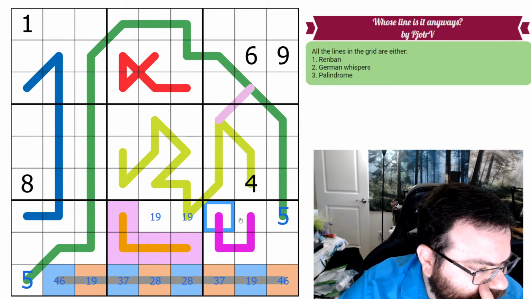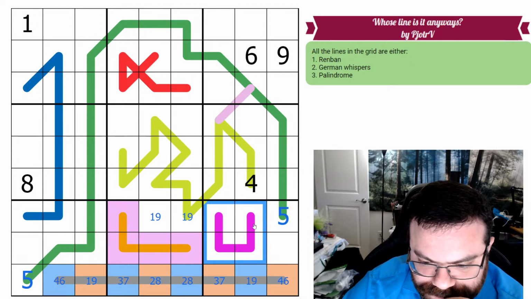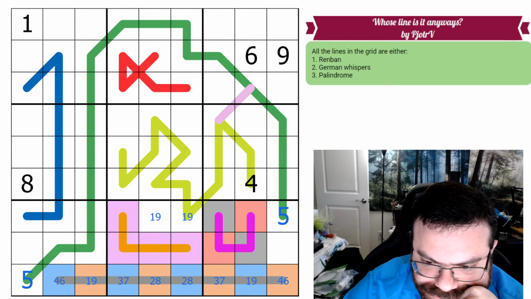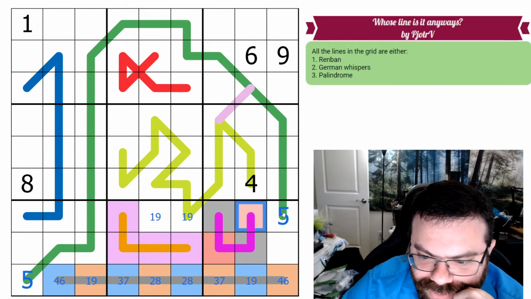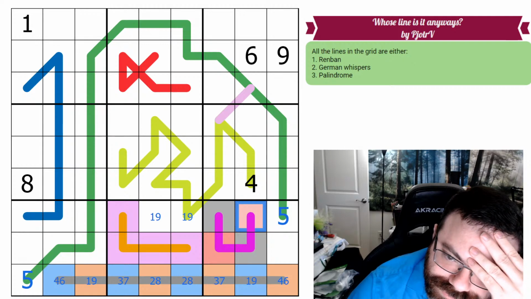I don't know which way it goes though. Alternate in some way. This can't be 1, 9 or 4, 6 or 5. So 2, 3, or 7, 8.